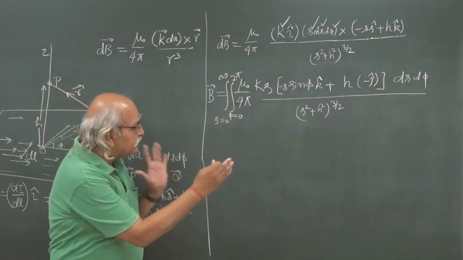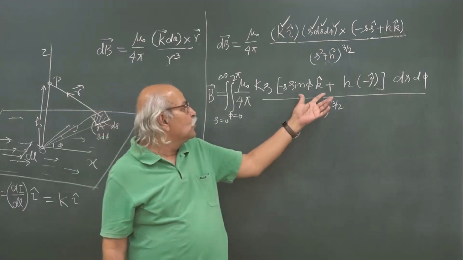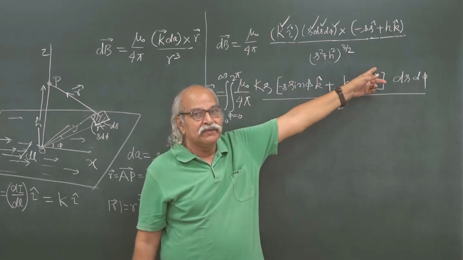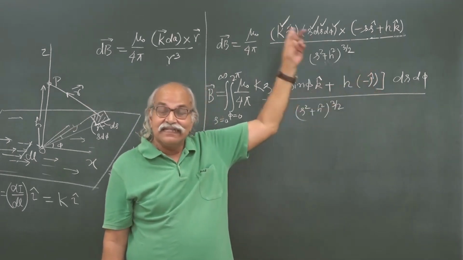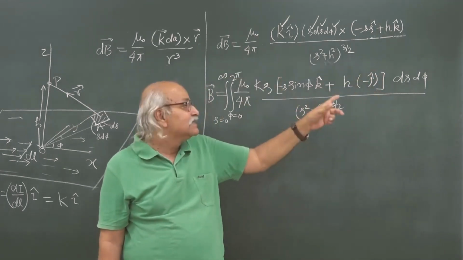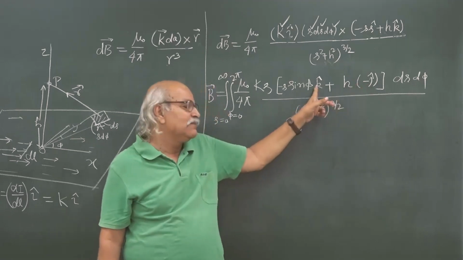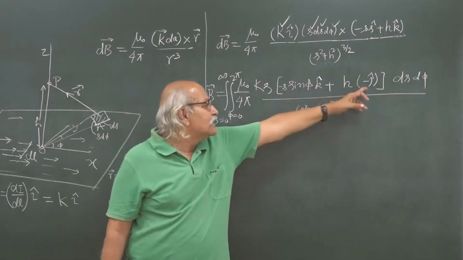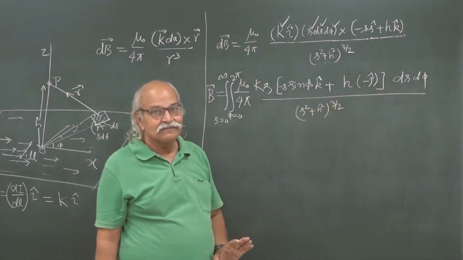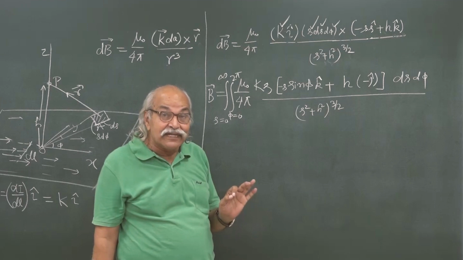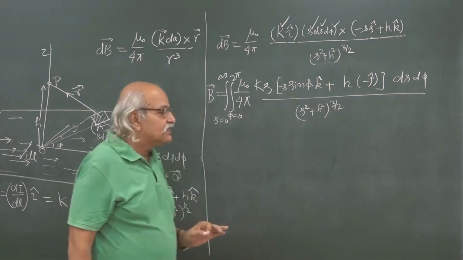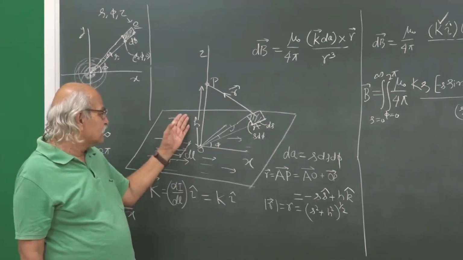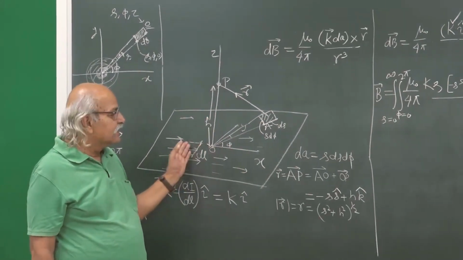This expression is having two vectors, one is k cap here and one is j cap here. Fortunately, they are in Cartesian system. J cap, k cap I am using. They are unit vectors in the y direction and z direction, and therefore, they do not change whether you take your element here or here or here, anywhere.